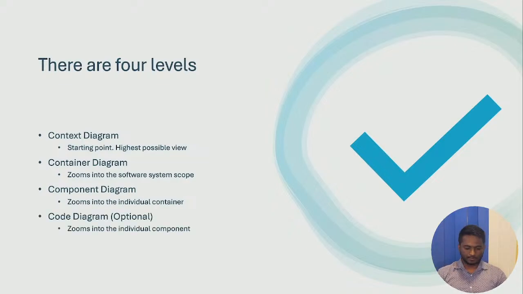And the fourth one, which is the code diagram, is optional. This is usually replaced by coding. What we do is we zoom into a specific component inside it and we evaluate the details further with diagramming.